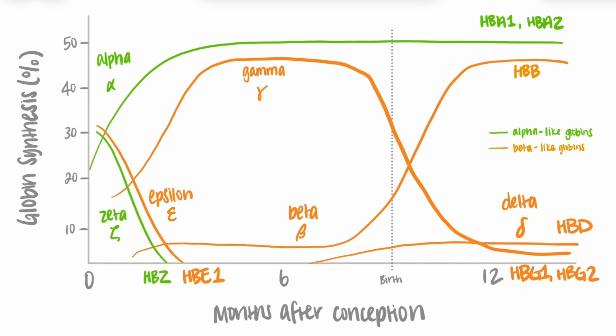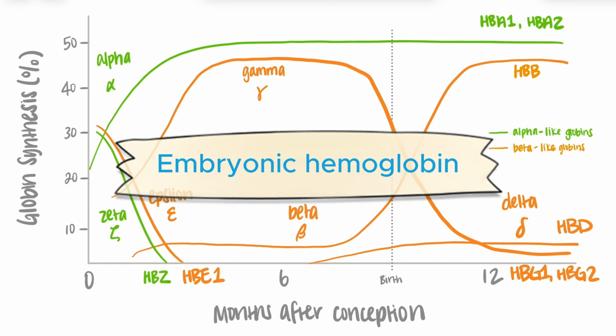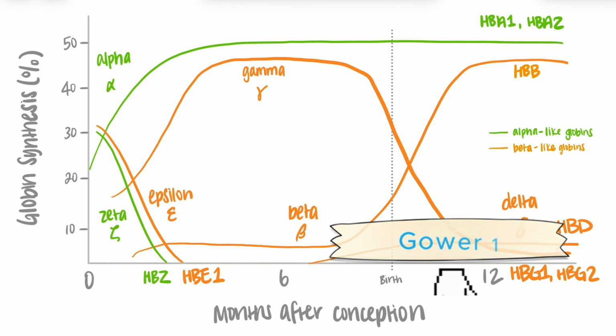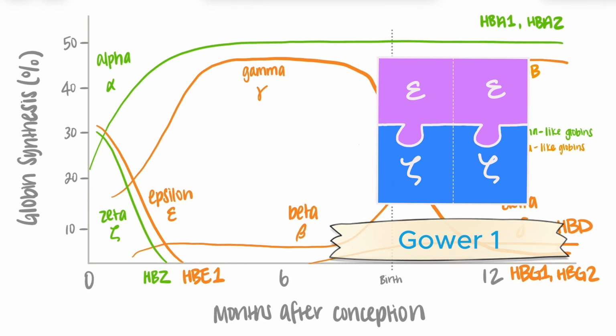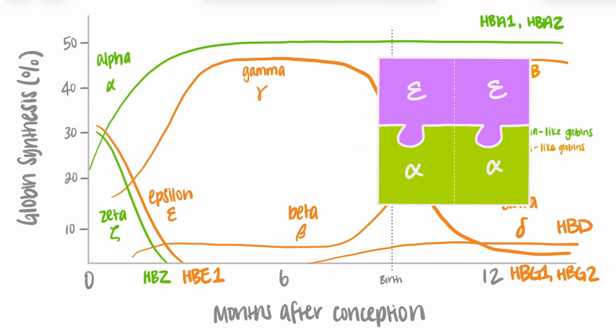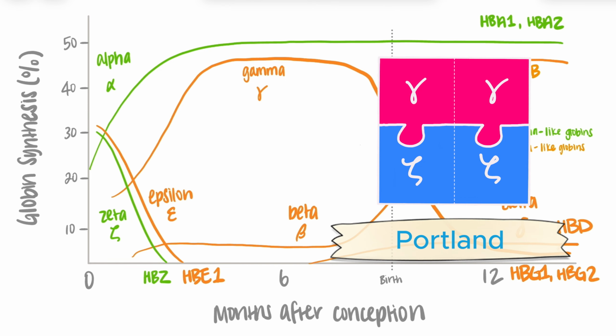These globins pair together to produce various forms of embryonic hemoglobin, with the three main types being hemoglobin Gower 1, comprised of 2 zeta chains and 2 epsilon chains, hemoglobin Gower 2, comprised of 2 alpha chains and 2 epsilon chains, and hemoglobin Portland, made of 2 zeta chains and 2 gamma chains.